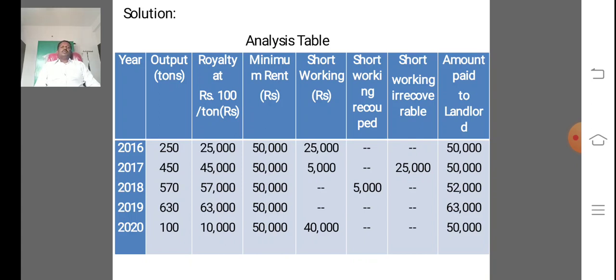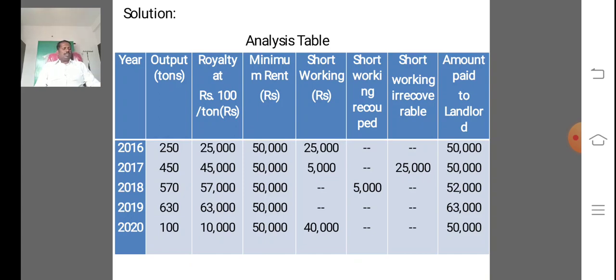In the year 2018, 570 into 100, 57,000. The minimum rent is 50,000. We have some surplus, 7,000 surplus, but only 5,000 short workings.